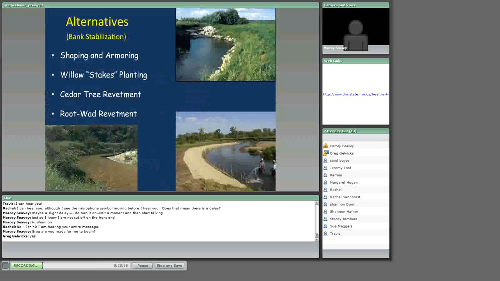Stream shaping and armoring, or planting vegetation such as willow stakes, or cedar tree revetments and rootwad revetments, can all help with erosion while not negatively impacting the stream habitat, and in many cases improving it.